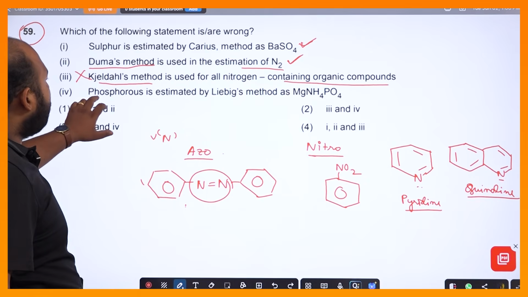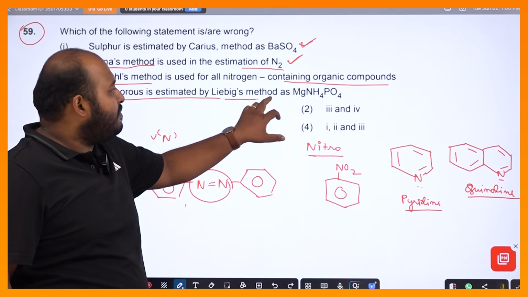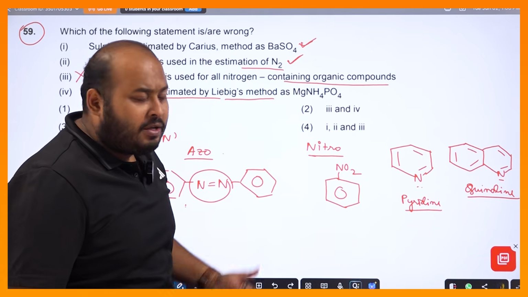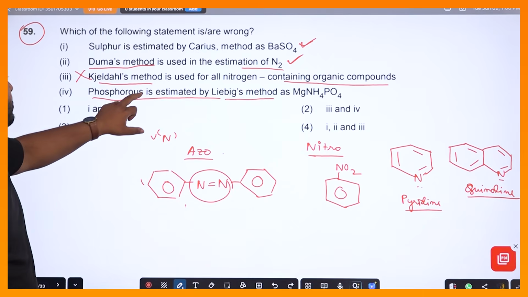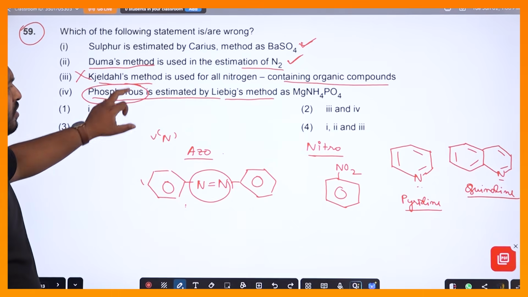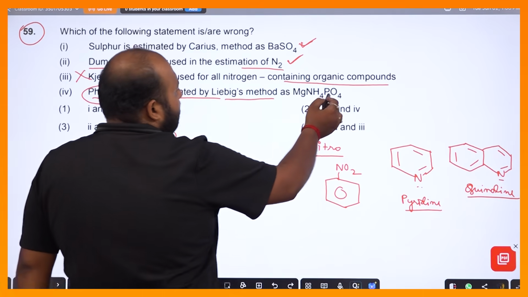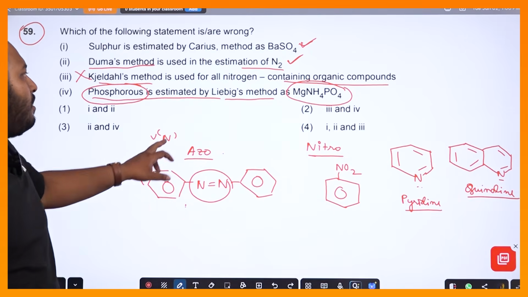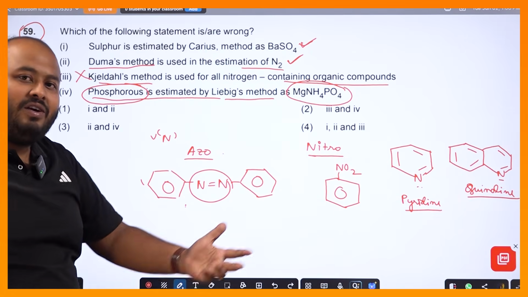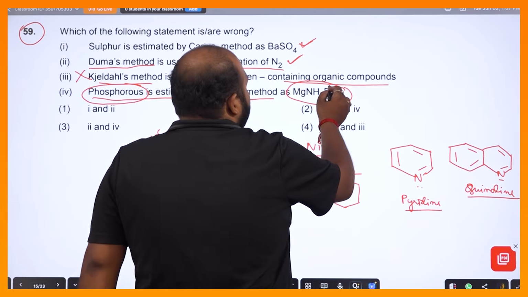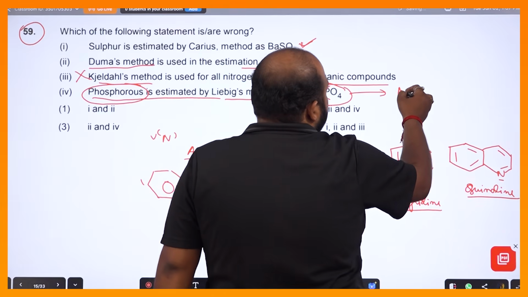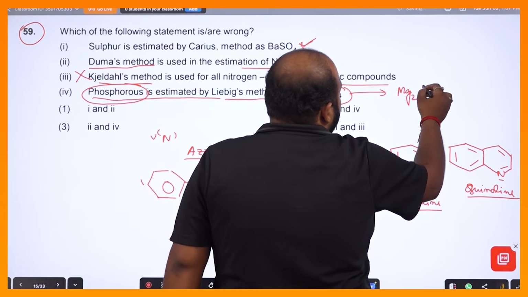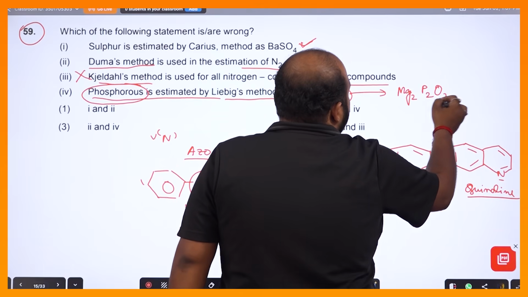And the next one is phosphorus is estimated by Liebig's method. So Liebig's method is one more method where we can also estimate the phosphorus. I hope you remember this part, that this is not the compound where the phosphorus is converted. The compound which it is converted to is Mg2P2O7.